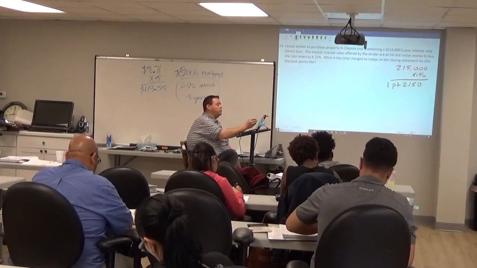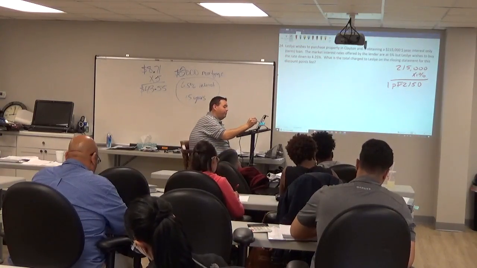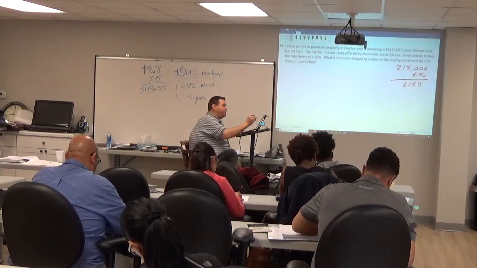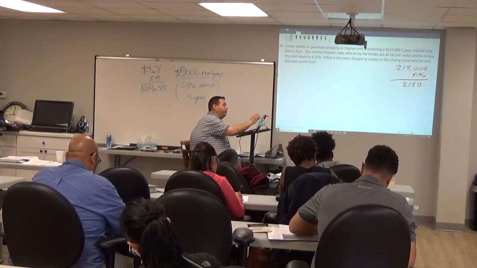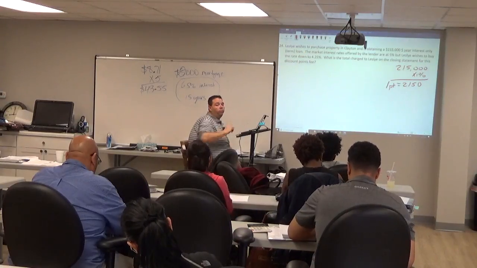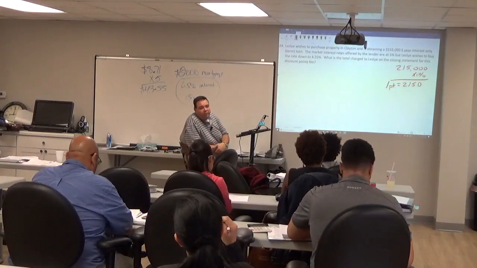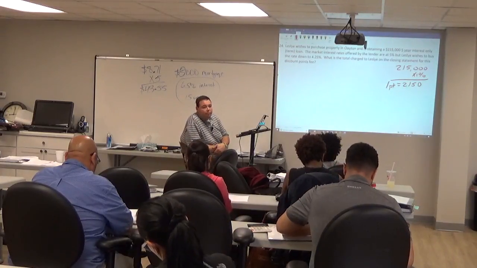Now, does she probably need more than 1 point? You think she needs more than 1 point? I would say so. How do you know she needs more than 1 point? Look at how much the rate needs to move. That's a lot more than 0.125, isn't it? Okay.